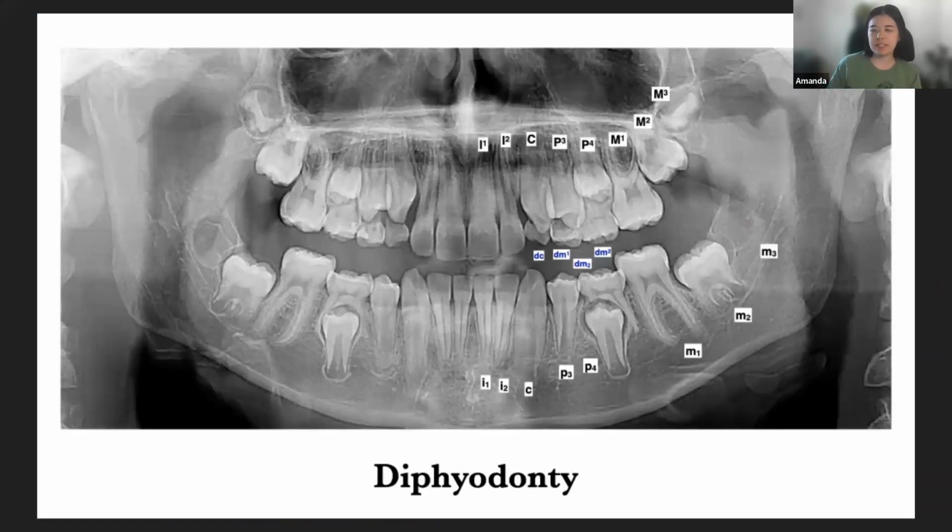Animals with teeth are considered to be either monophyodonts, diphyodonts, or polyphyodonts. Monophyodonts only have one set of teeth. They're born with this set of teeth. They never lose them. They're not replaced. Whereas diphyodonts, like humans, have a set of baby teeth and then a set of adult teeth that grow in to replace them.